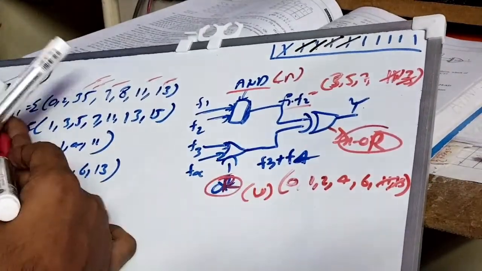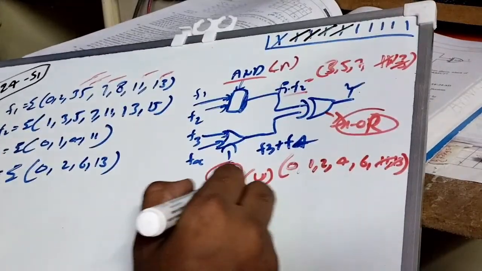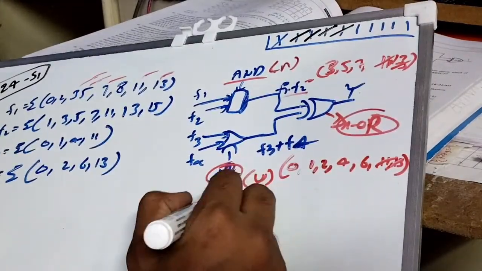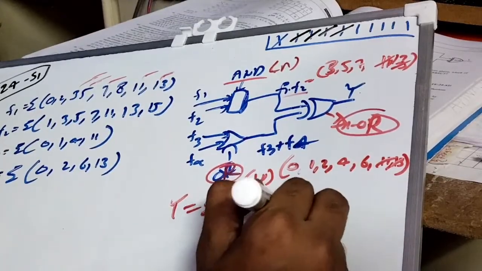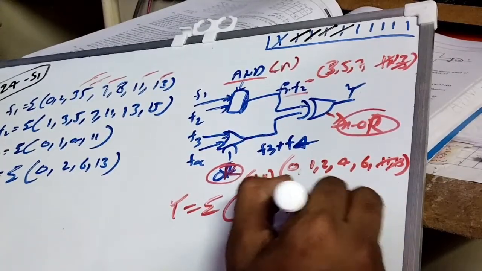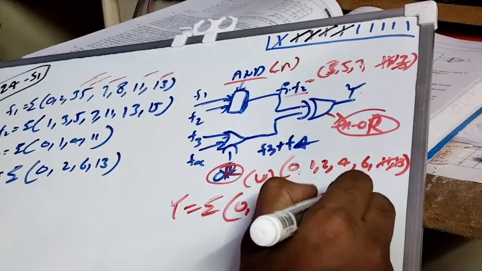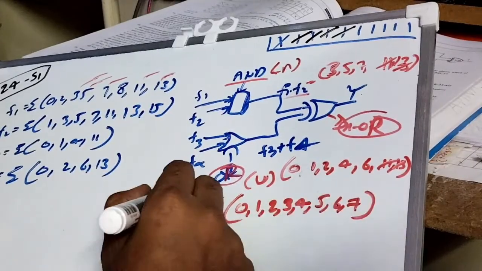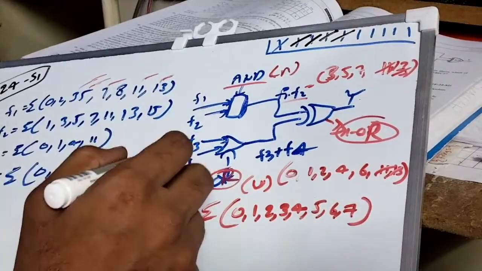So for y, y equals the minterms of 0, 1, 2, 3, 4, 5, 6, and 7.